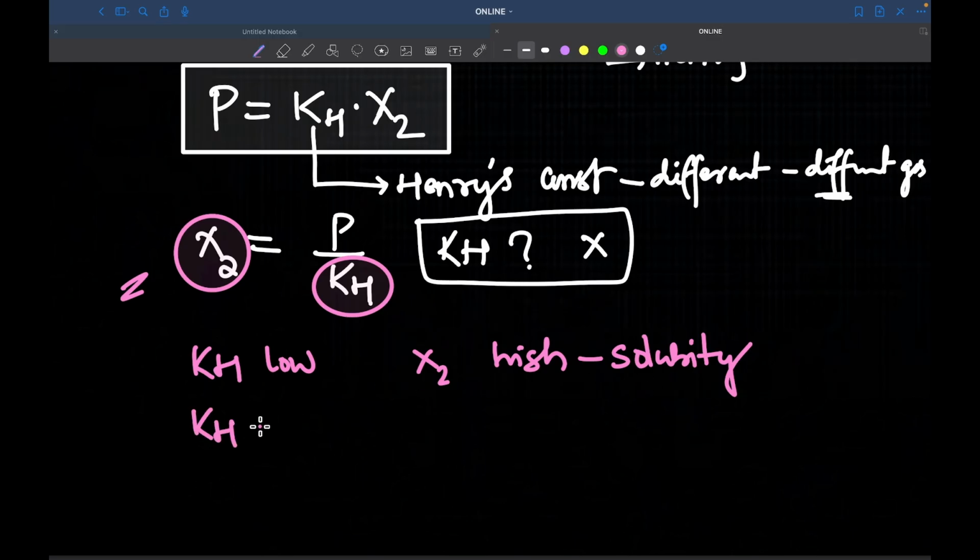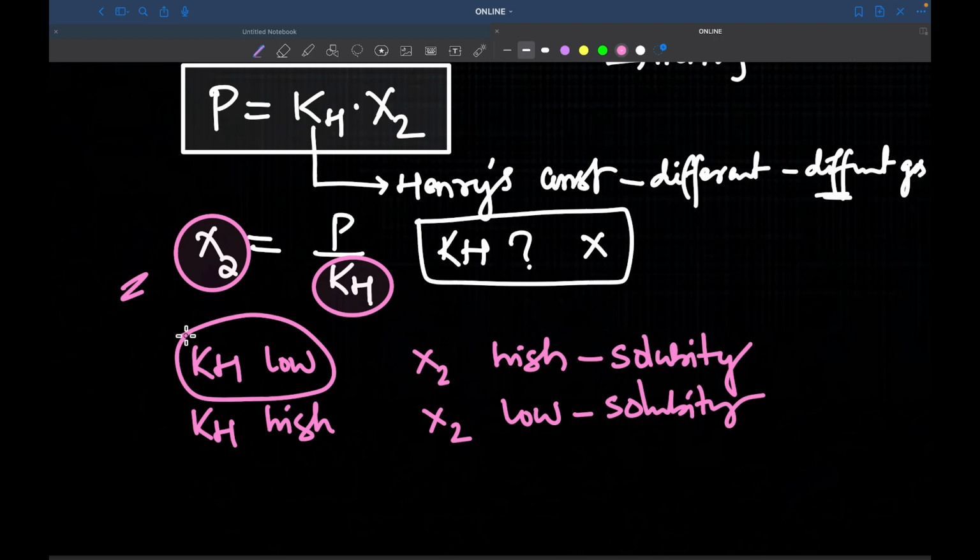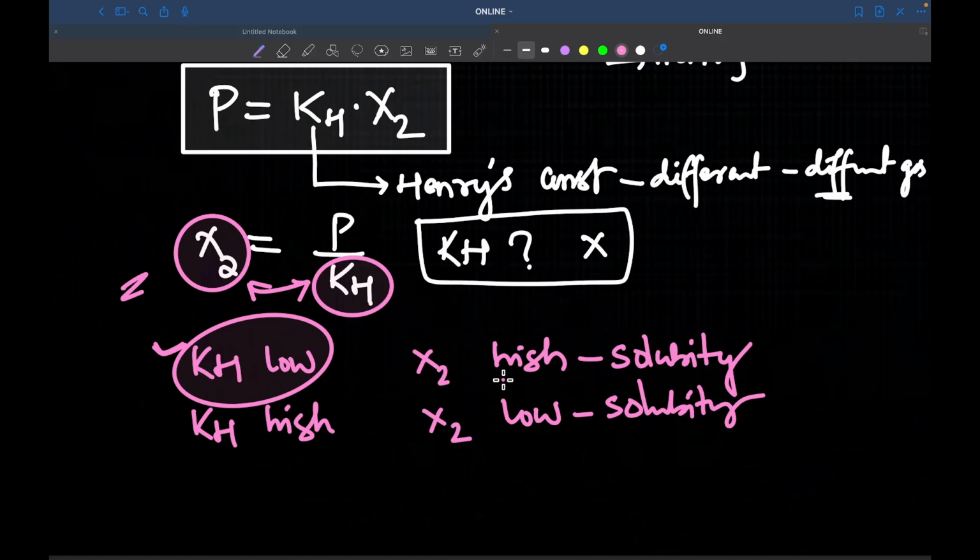If KH is high, so that is X2 is low or low solubility. Do you understand this point? आपको KH कम है because the relation is inverse relation. उनका relation inverse है. If KH is maximum, X2 would be minimum. If KH is highest, X2 would be lowest होगा, right?